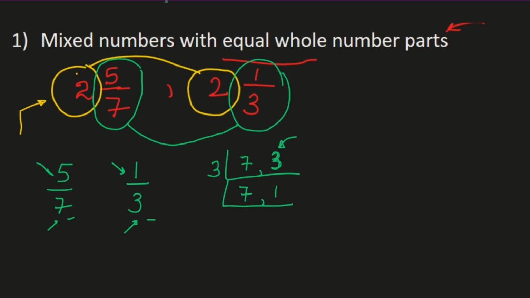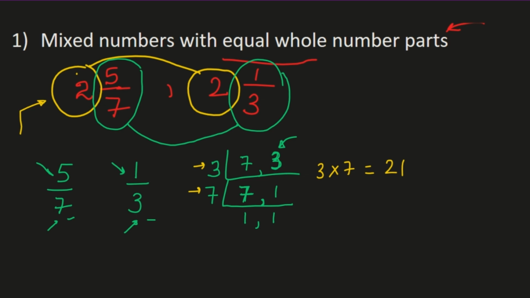Then 7 and 1. The next prime number by which 7 will be divided is definitely 7, because 7 is a prime number. So 7 divided by 7 is 1. We can put this one as it is. So now the LCM is 3 into 7. What is it? It's 21.